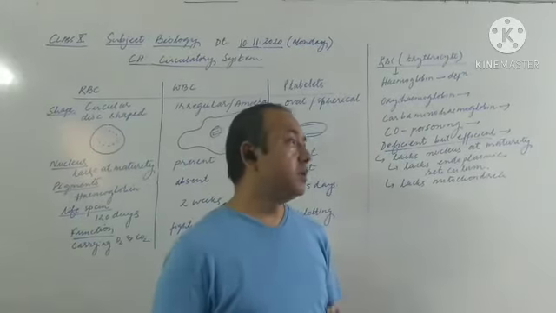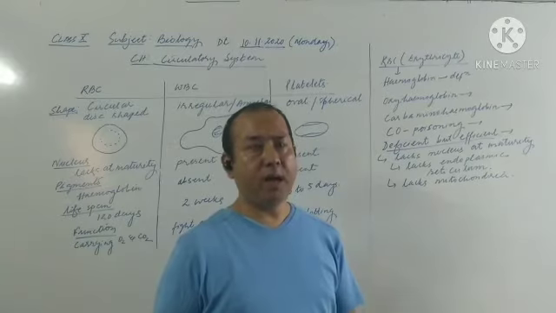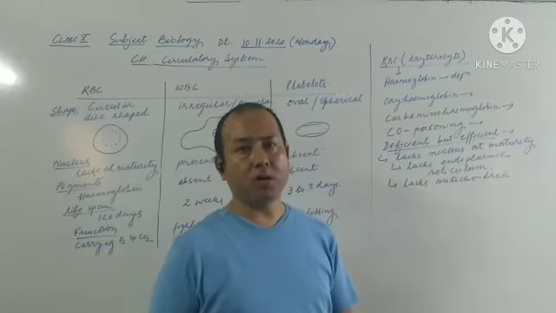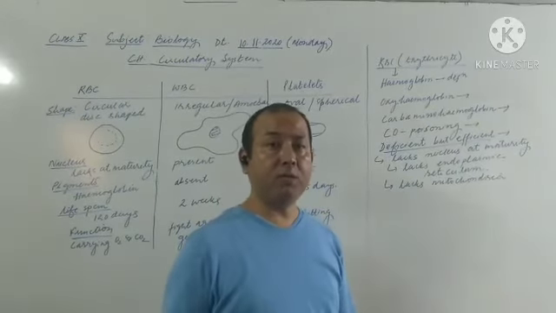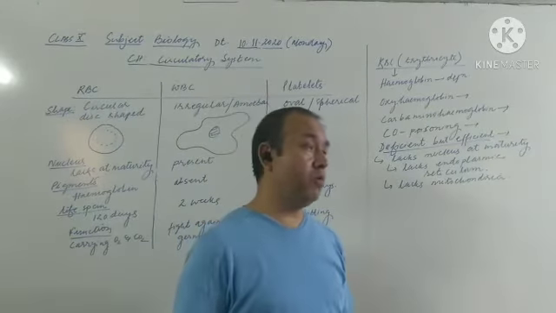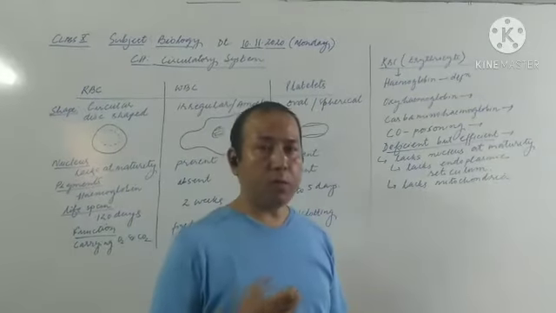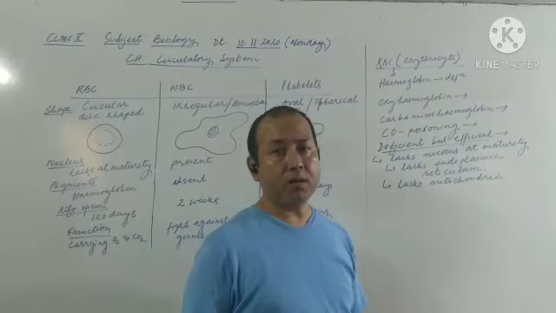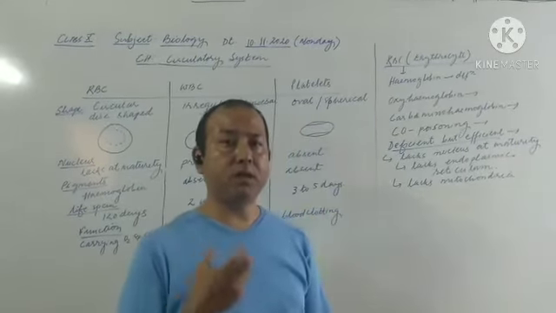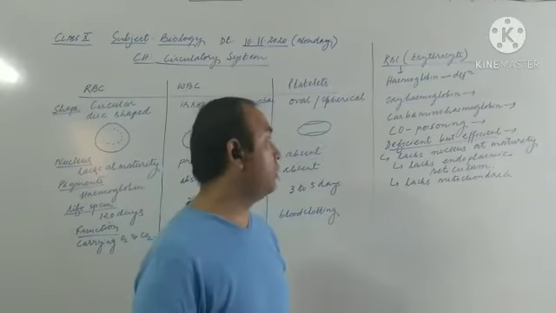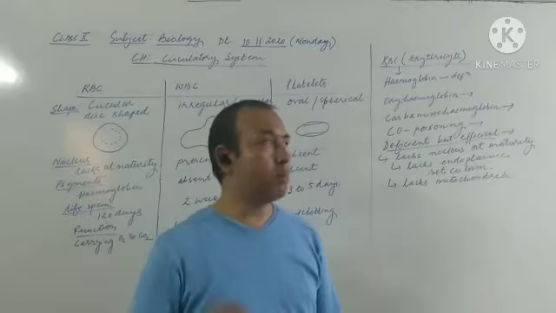In the blood, this oxygen combines with the hemoglobin, and thereby an unstable compound is formed called oxyhemoglobin. If you are asked to define oxyhemoglobin, you need to say that oxyhemoglobin is an unstable compound formed by the combination of hemoglobin and oxygen. Or, when hemoglobin combines with oxygen, it forms an unstable compound called oxyhemoglobin. It is in this form that oxygen is carried from the lungs to different cells of the body.